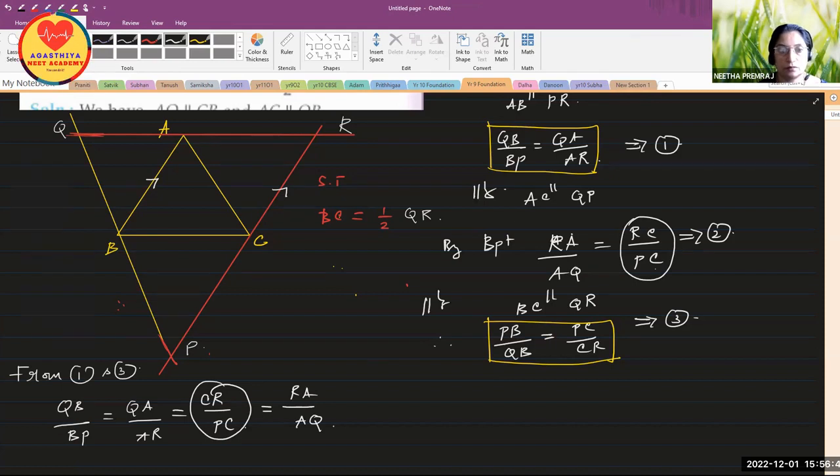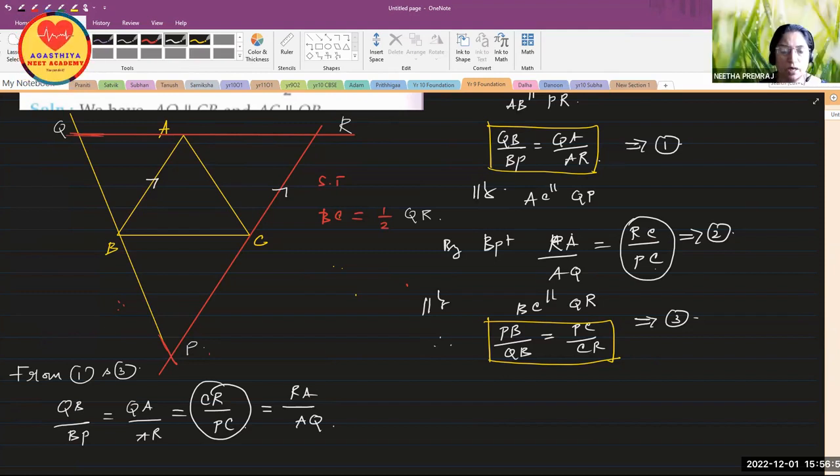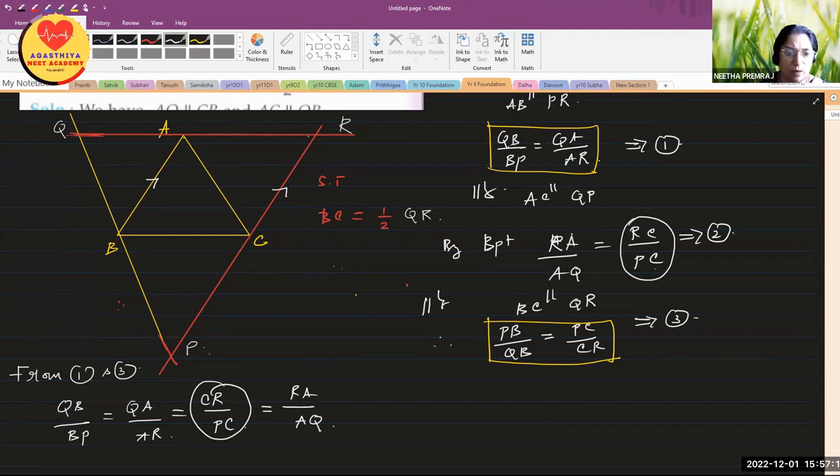So all the ratios are equal to each other. So C must be a midpoint of QR and A must be a midpoint of, otherwise, how do I say? Okay, so these two measures are equal. See, QA by AR is equal to QB by BP.